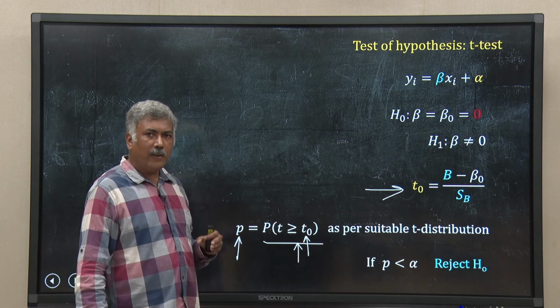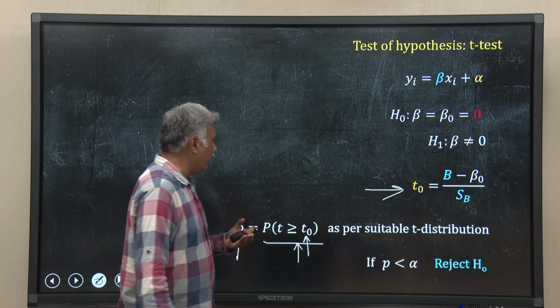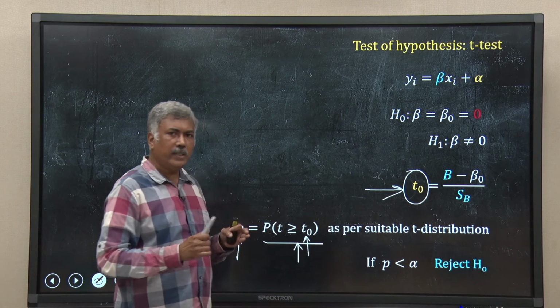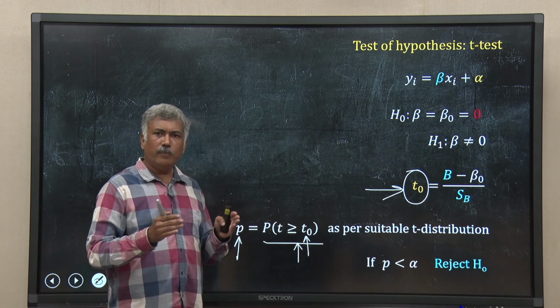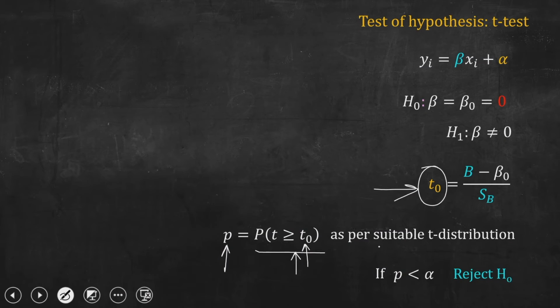I use a suitable T distribution with a particular degree of freedom. And if that probability is less than a cutoff, which we call level of significance, then we reject the null hypothesis.